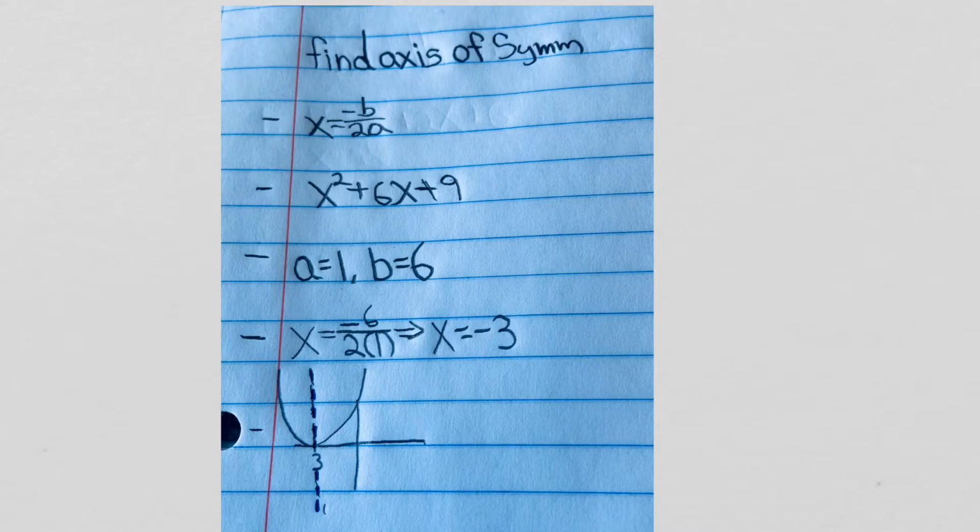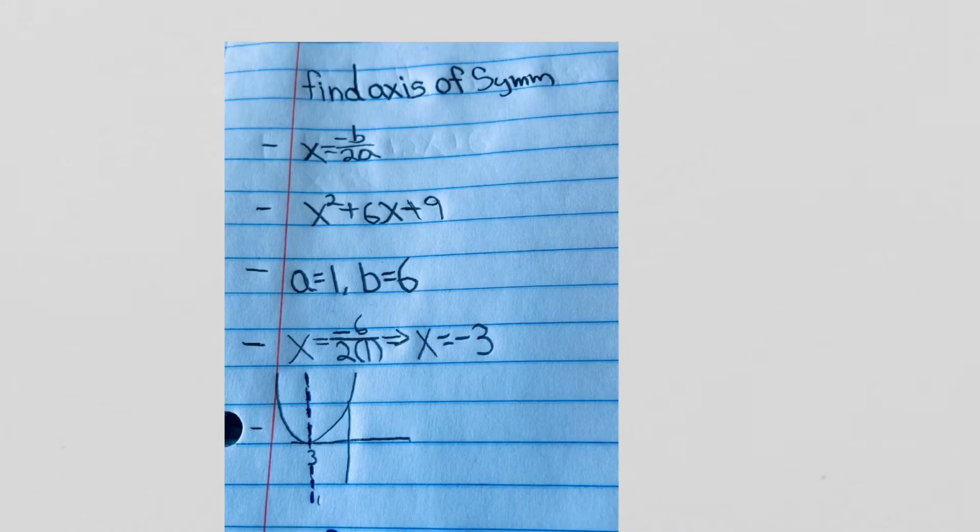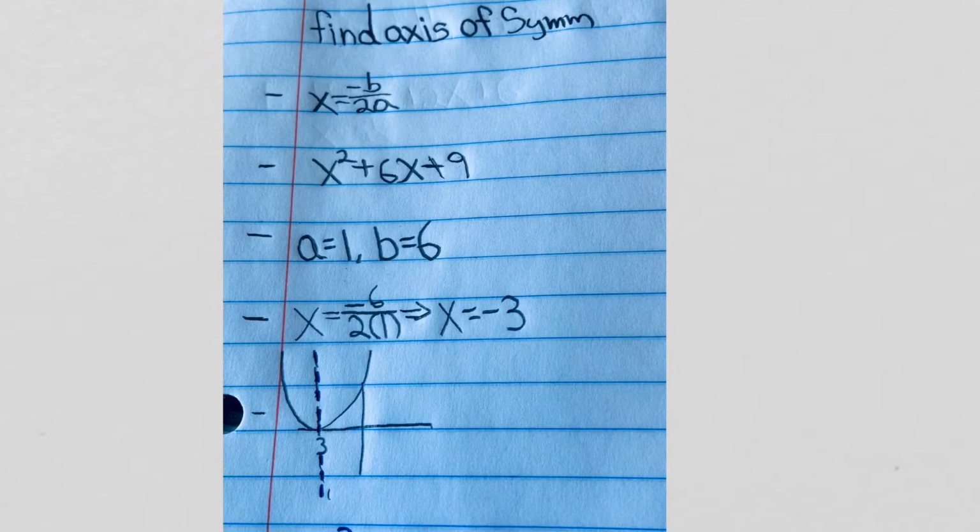Okay, so we have the graph x squared plus 6x plus 9. We identify A is 1 and B is 6. We plug it into our formula, x equals negative b divided by 2a. So negative 6 divided by 2 is going to give us negative 3.